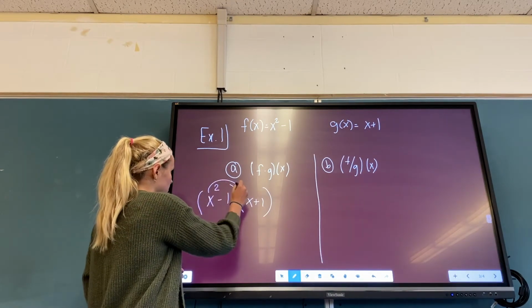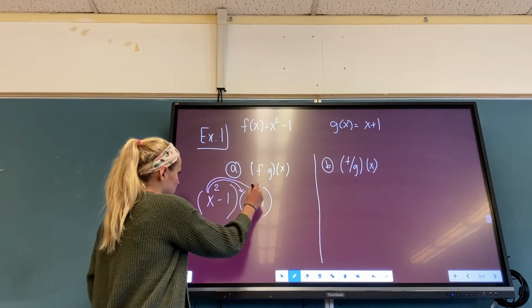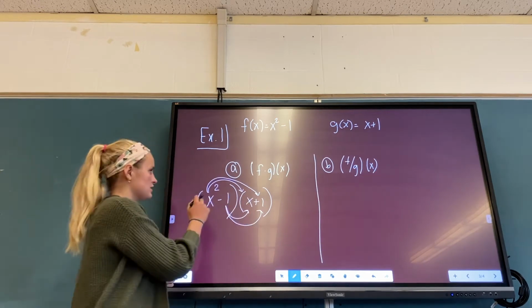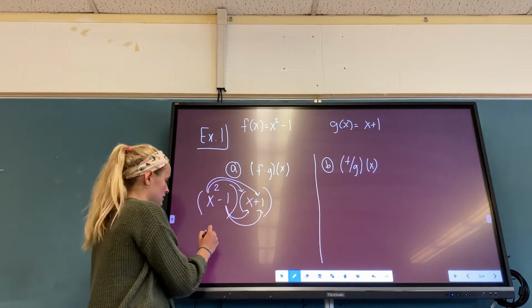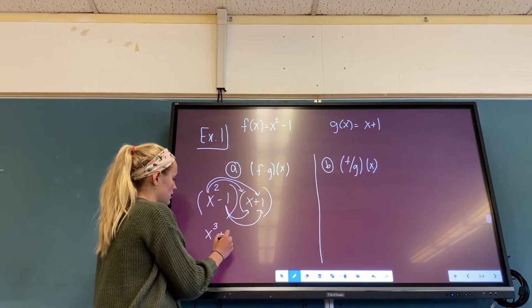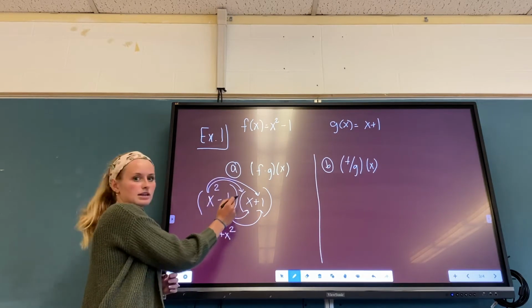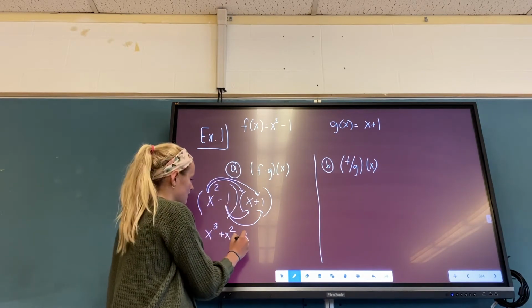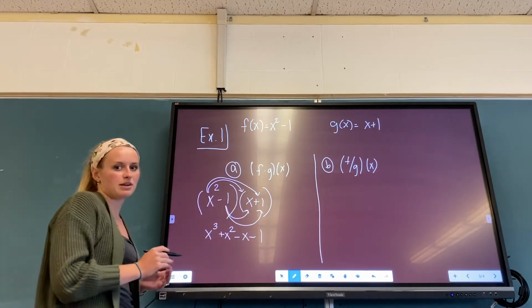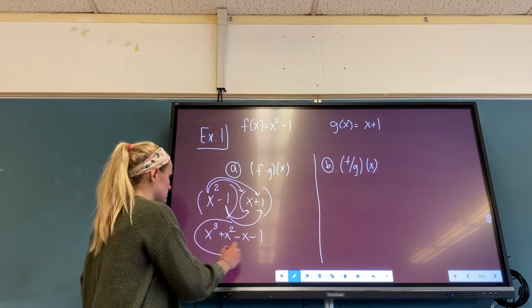And just like with multiplying polynomials, we have to multiply everything by everything. And we can't lose our negatives. So x squared times x is x cubed. X squared times 1 is positive x squared. Negative 1 times x is negative x, and negative 1 times 1 is negative 1. We don't have any like terms, so that is just the answer.